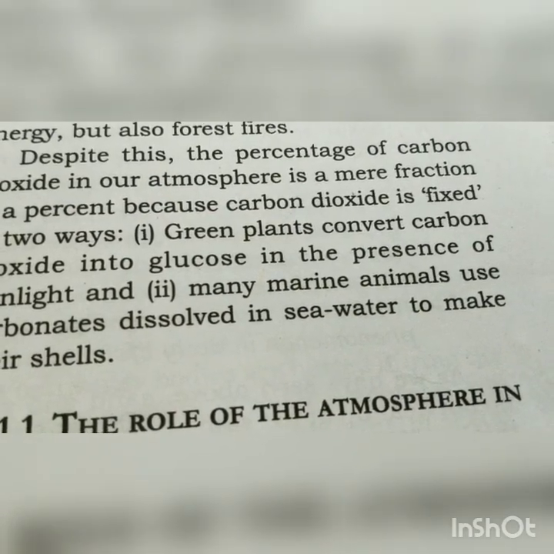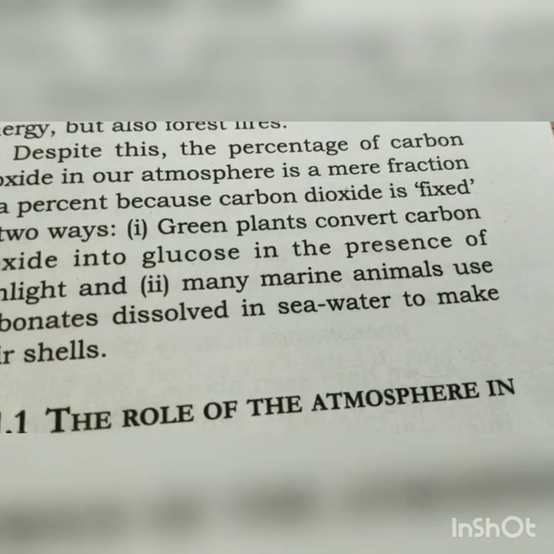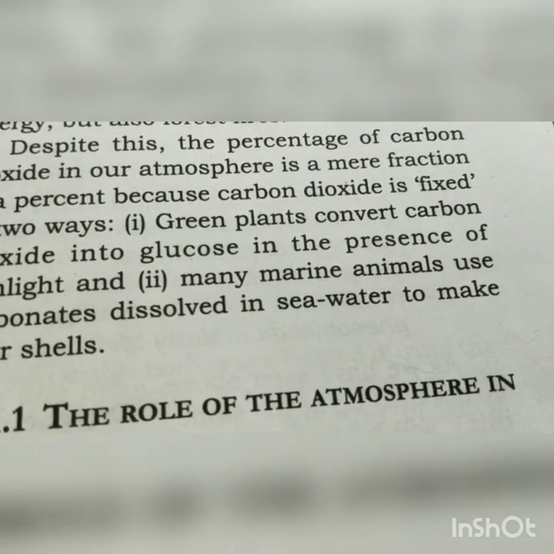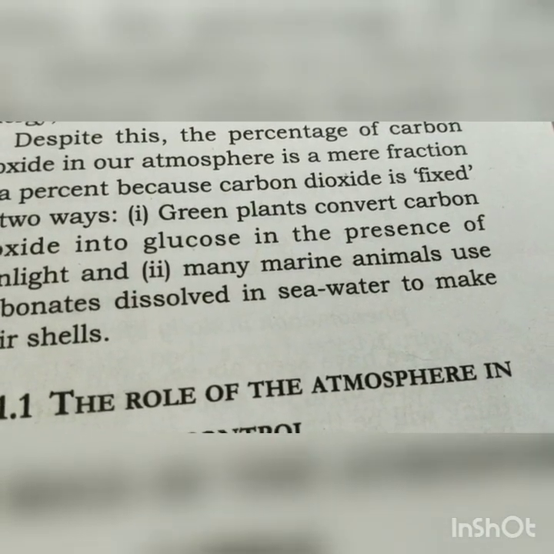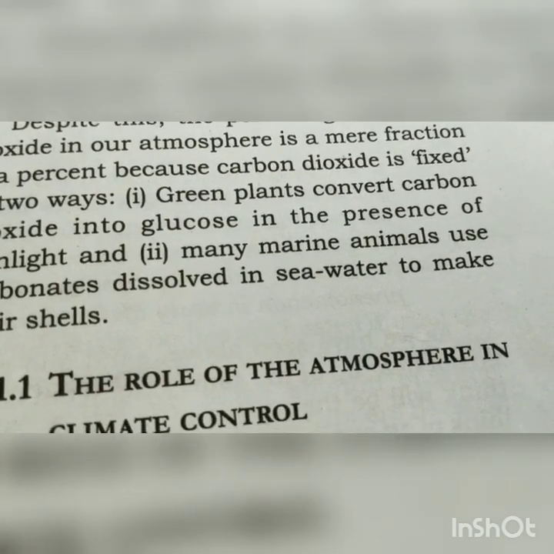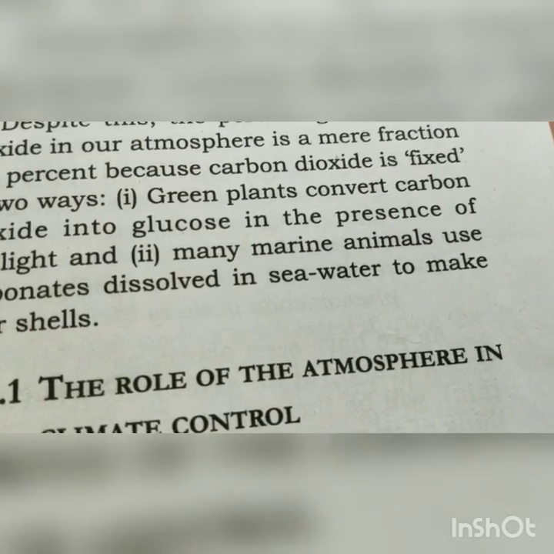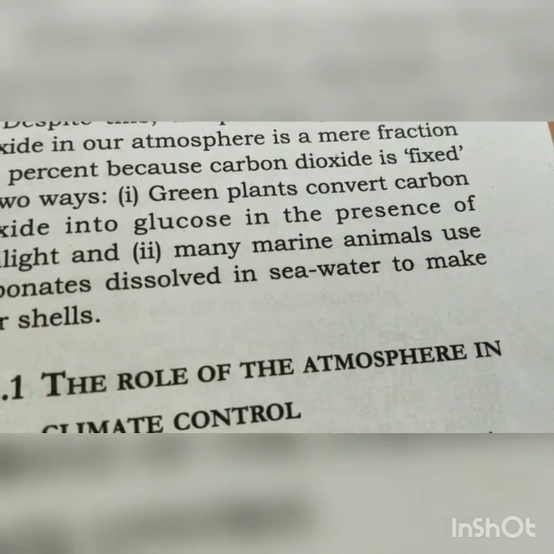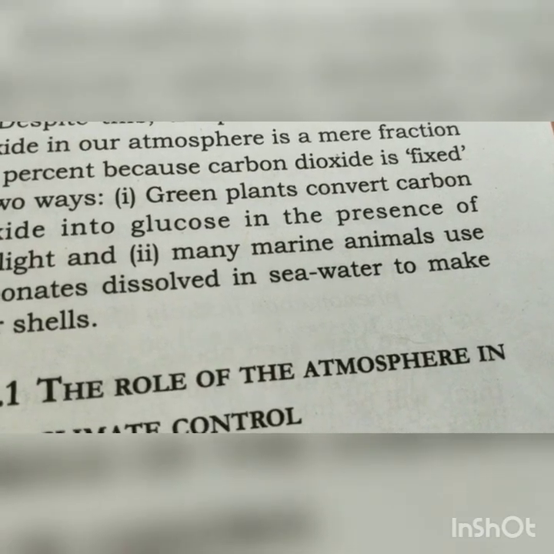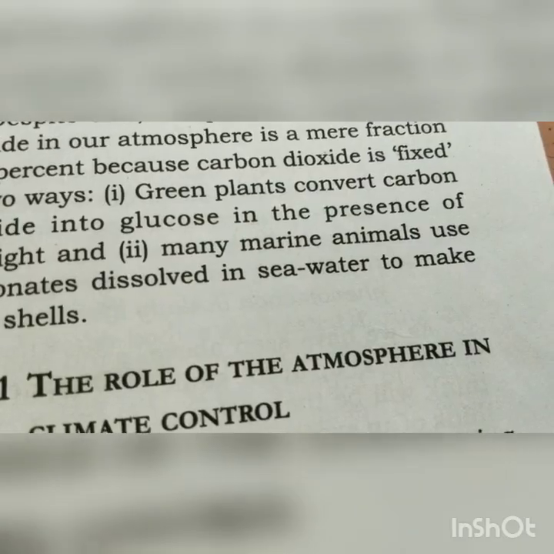Green plants can convert the carbon dioxide into glucose in the presence of sunlight, and many marine animals use the carbonates which are dissolved in the seawater to make their shells. So like that, on our earth, the plants and some animals use up the carbon dioxide. That's why the amount of carbon dioxide is less on the earth.